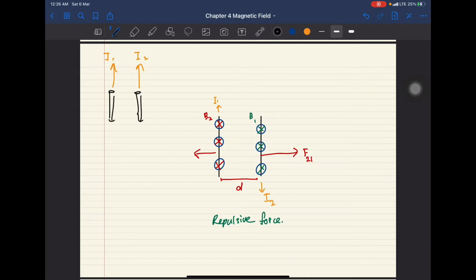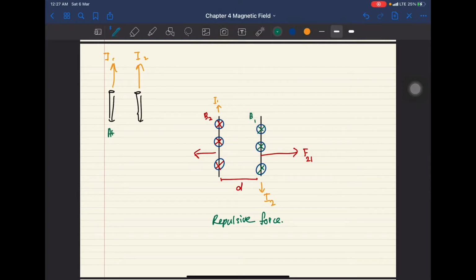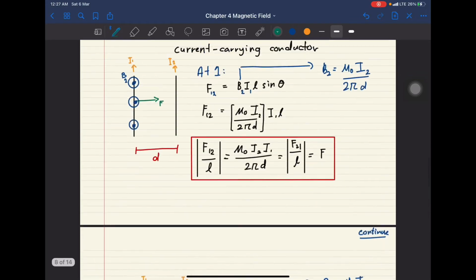If you have two current carrying conductors carrying current in the same direction, it doesn't matter whether it is up, down, left or right, as long as both have the same direction, it will produce an attractive force. If you have opposite directions, it will be a repulsive force, and you can simply memorize this. Even if you don't understand the explanation, you can still memorize this. It shouldn't be a problem. Usually they ask about direction, simple things.